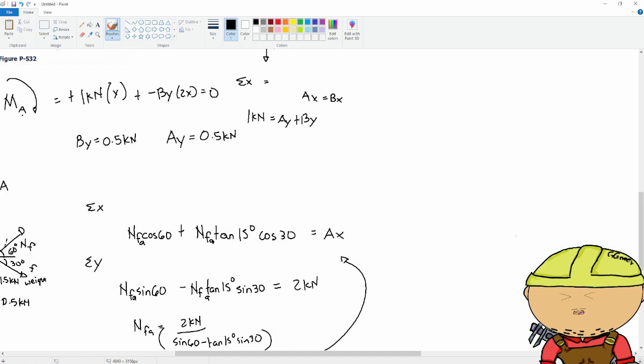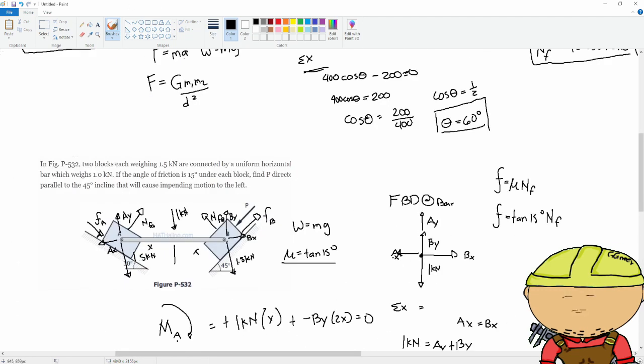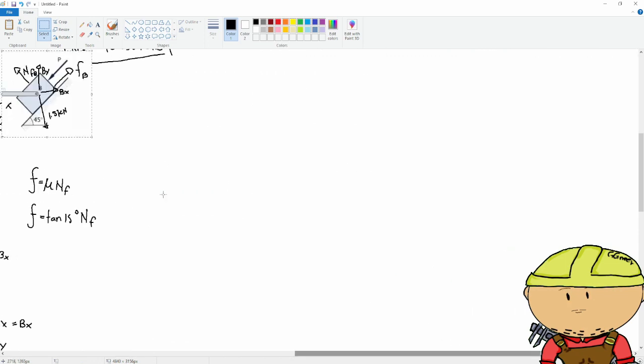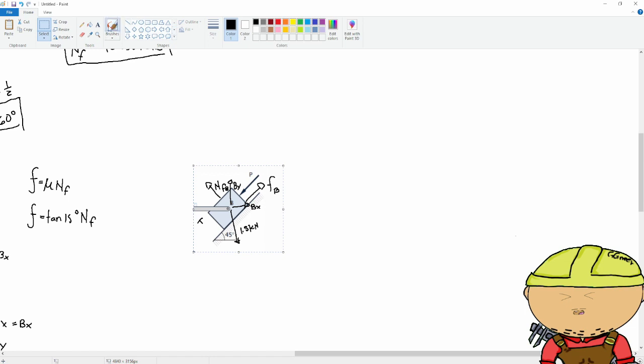How about let's do the FBD at B. So we simply write the forces. BY is opposite, because BY is more of a reaction by the bar, which is downward.